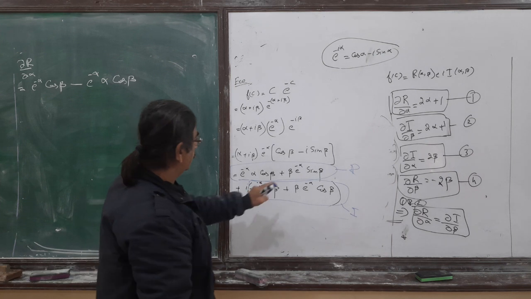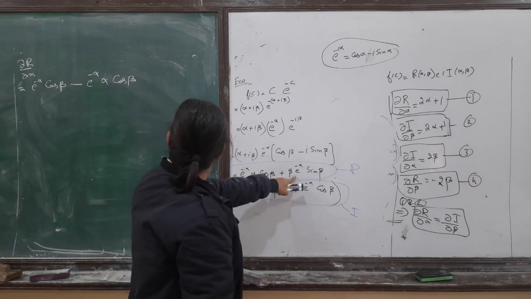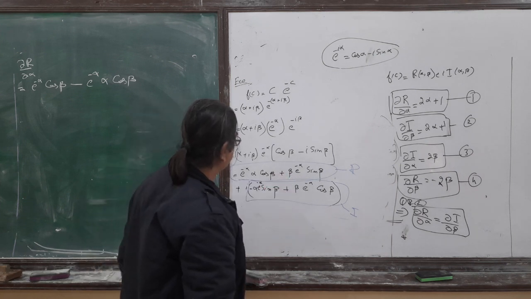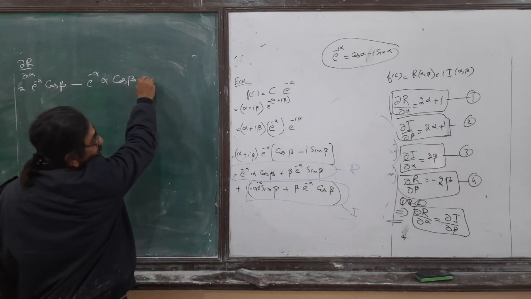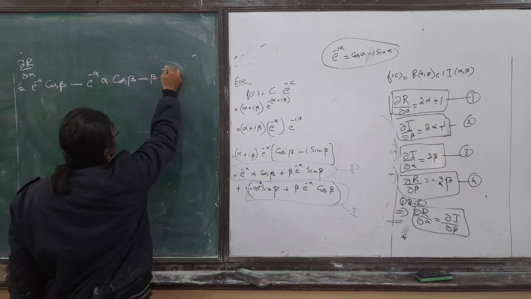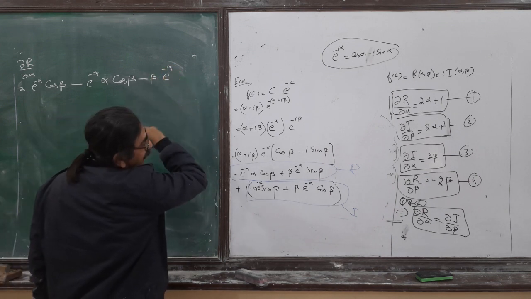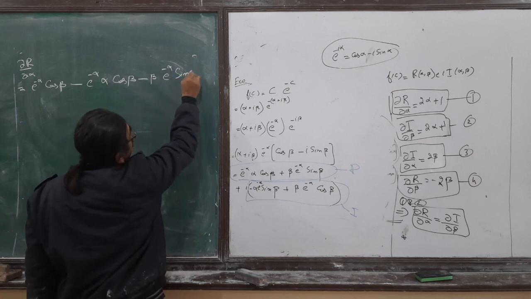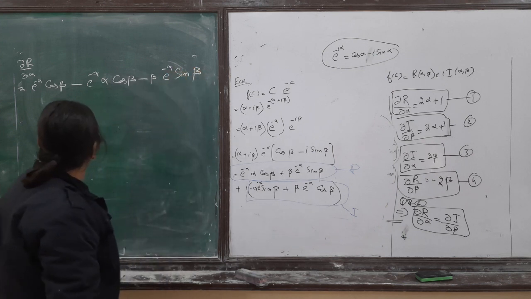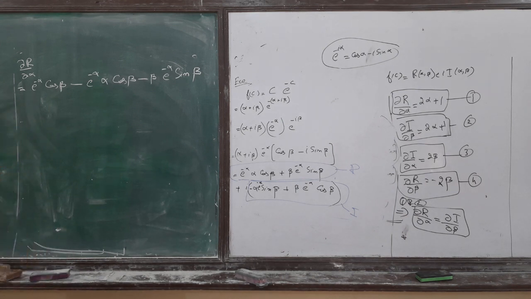And now this term with respect to alpha will be minus beta e to the minus alpha sin beta. This is the derivative with respect to alpha.